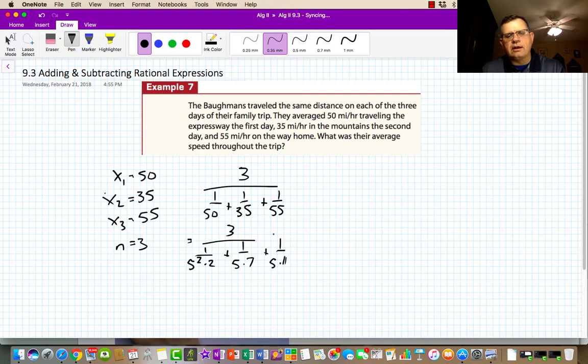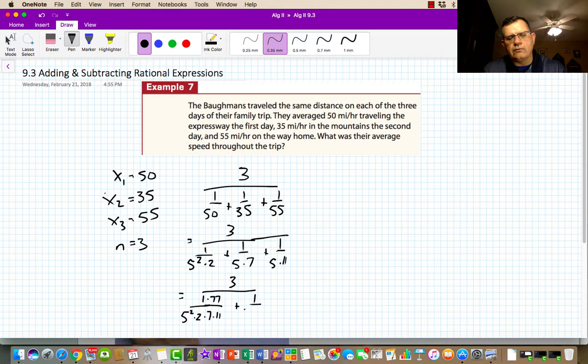And so common denominator is going to be 5 squared times 2 times 7 times 11. So I got times 7 times 11. So I got to put times 77 up here.